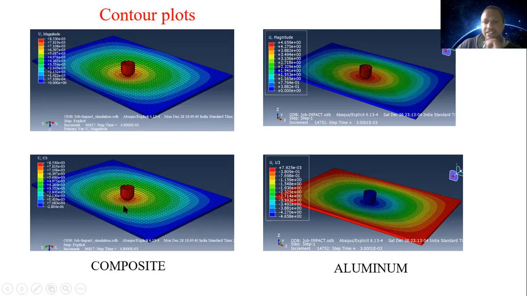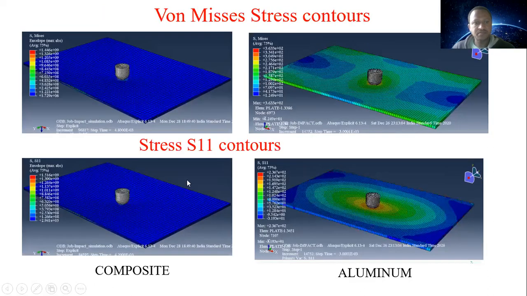Both of them have the same thickness, but we can see very different visualization of the outputs. Okay, so these are the displacement outputs for composite. Both are for composite, and these are for aluminum.